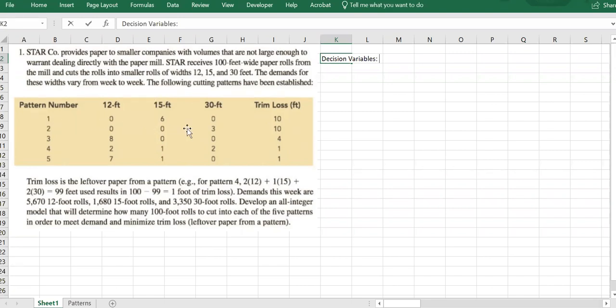So that's how I define my decision variables, number of 100 feet wide rolls to be cut using pattern i. Pattern i, and I call this xi, where i can be 1, 2, 3, 4, and 5. All right.